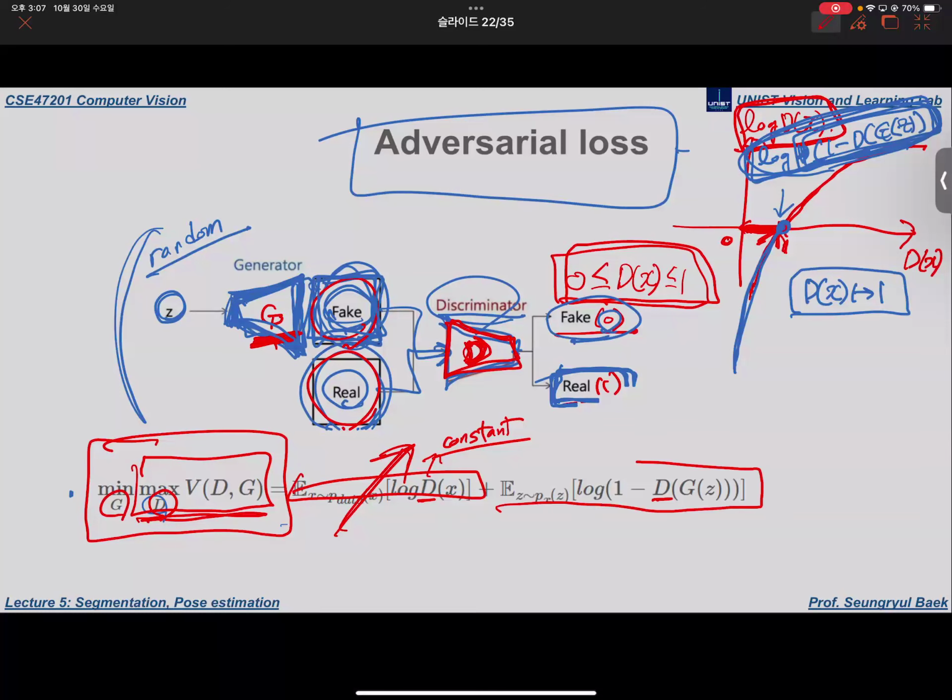The only part we have to minimize is this, okay? G is here. And we will draw another graph, maybe.